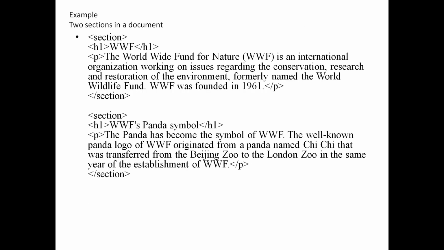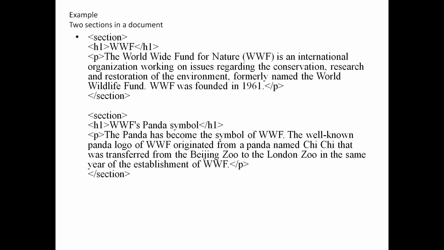Here is an example where a section is divided into two. One is the heading, which consists of WWF. The paragraph: the Worldwide Fund for Nature, WWF, is an international organization working on issues regarding the conservation, research and restoration of the environment, formerly named the World Wildlife Fund. And the second paragraph: the panda has become the symbol of WWF.